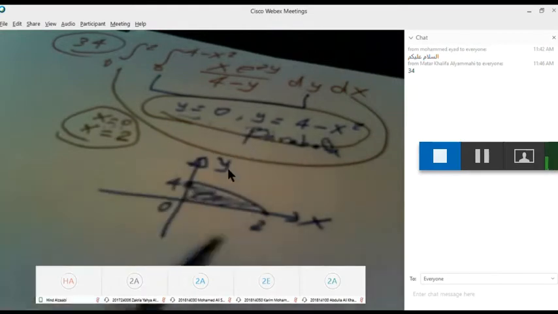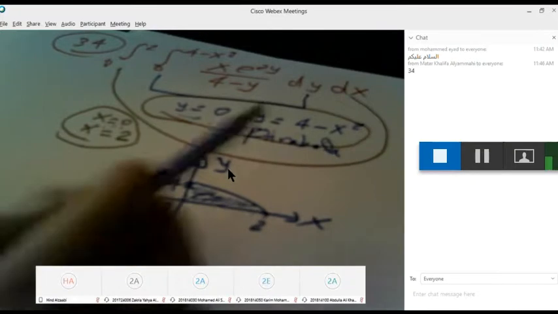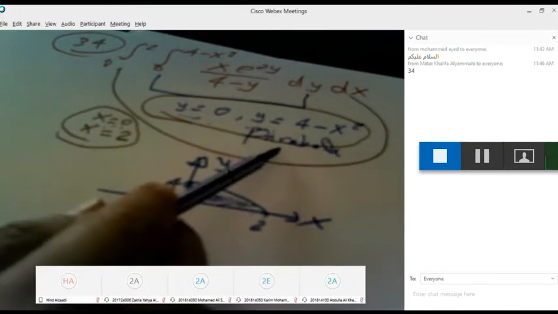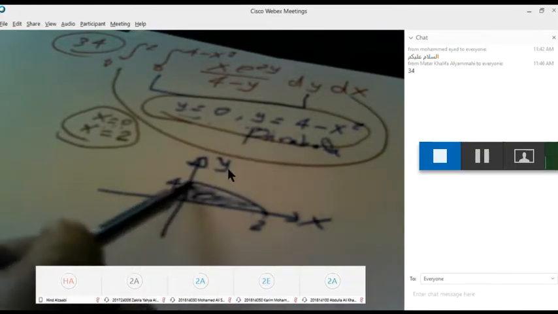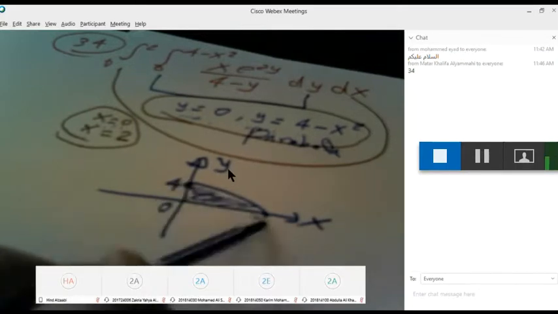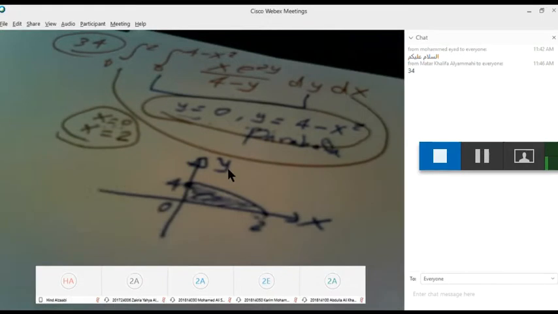So I substitute by x equal to 0 and x equal to 2. I know the start point and the end point. Why do I make a curve? Because I know this is a parabola. Clear? Okay. So again, I know it is a curve, this parabola, but with the head at x equal to 0 and y equal to 4.